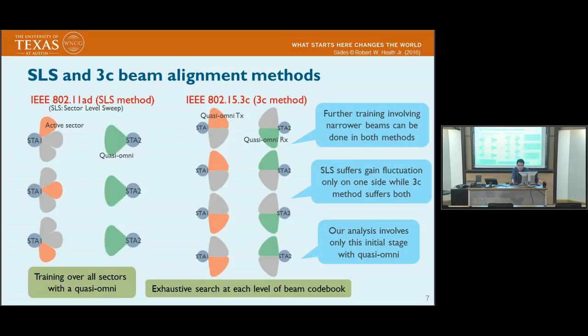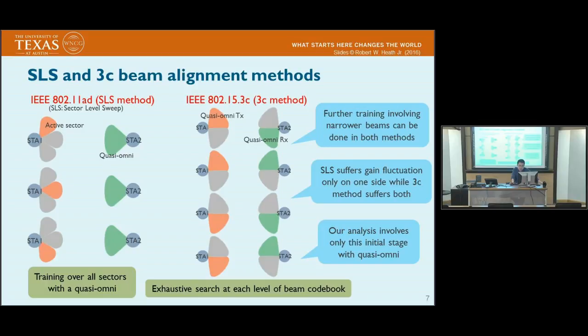One point I should make is that the SLS method suffers gain fluctuation on only one side because it uses the quasi-omni at only one side, and the 15.3c method uses it at both sides. So the gain fluctuation is double for the 3c method.